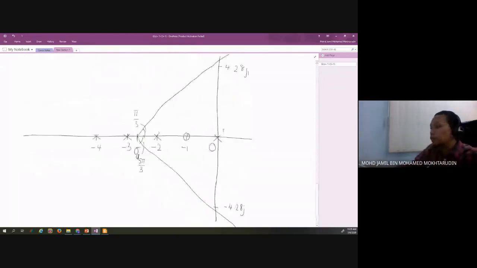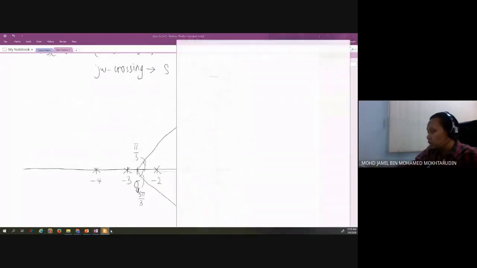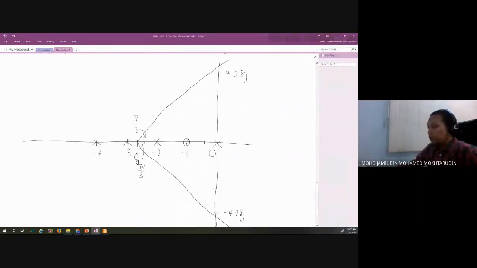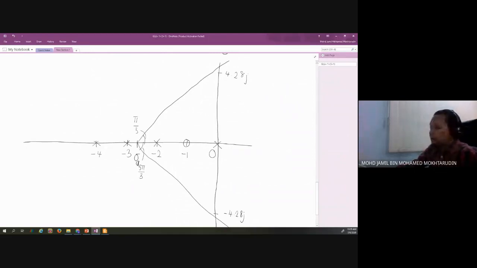Okay, so after that, you have to use the rules here, rules number 2 and rules number 3. Rules number 2 says it must be symmetric about real axis, and rules number 3 says start from poles and ends at 0. So we need to start with the first pole on the left hand side. So if you look at this pole, the root locus must start from poles and end at 0.